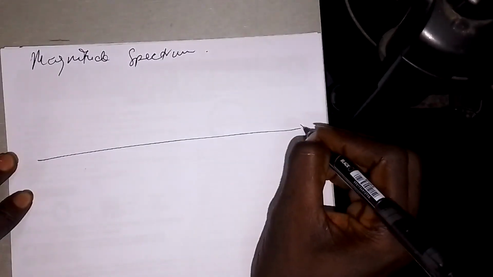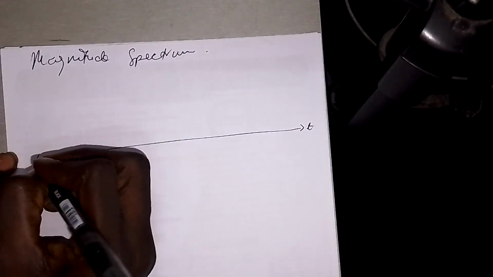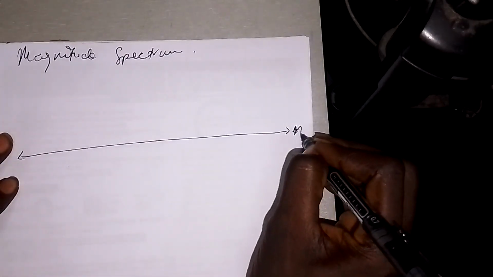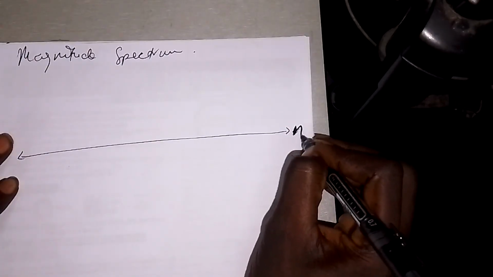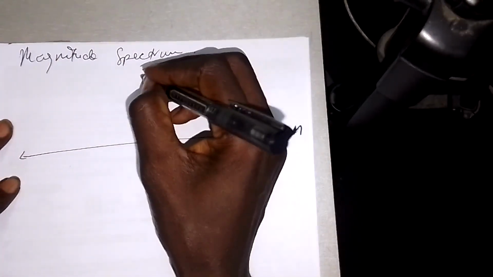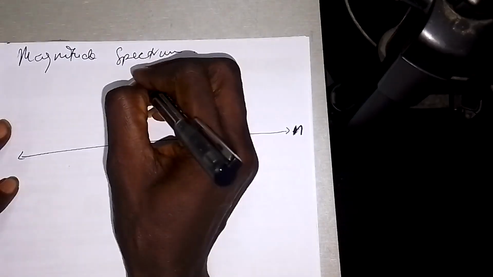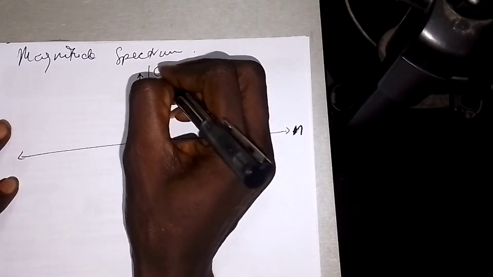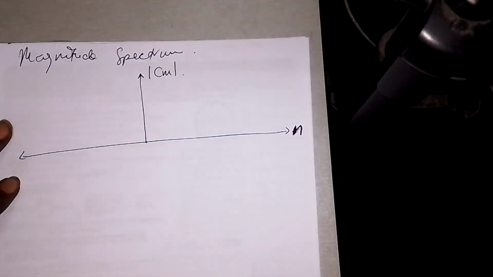Here, sorry, if it's magnitude spectrum, it will not be t, it will be n. Because it's magnitude spectrum, here will be mod Cm.